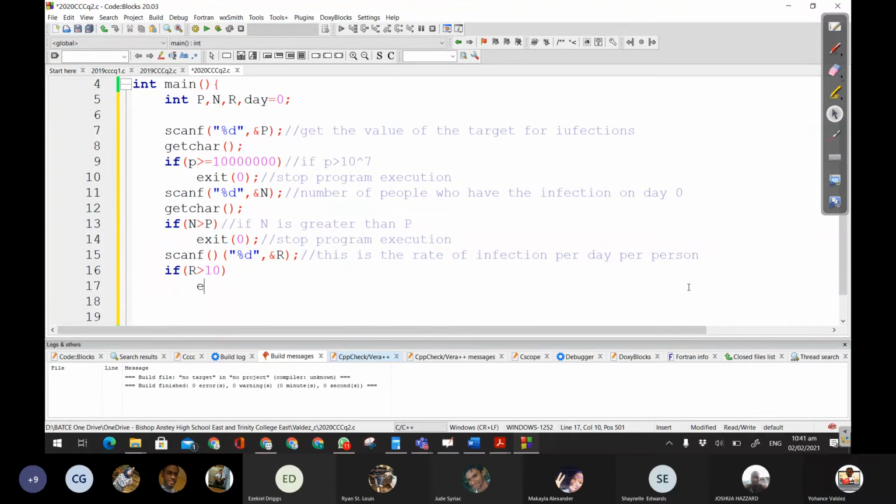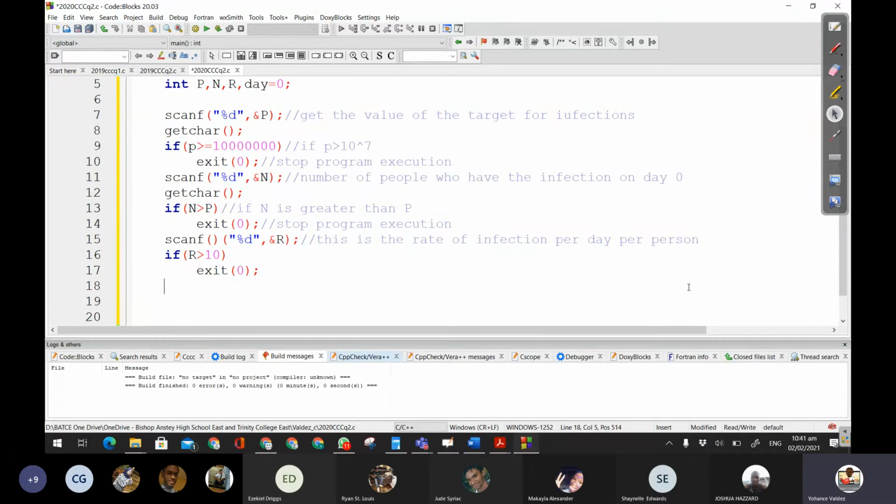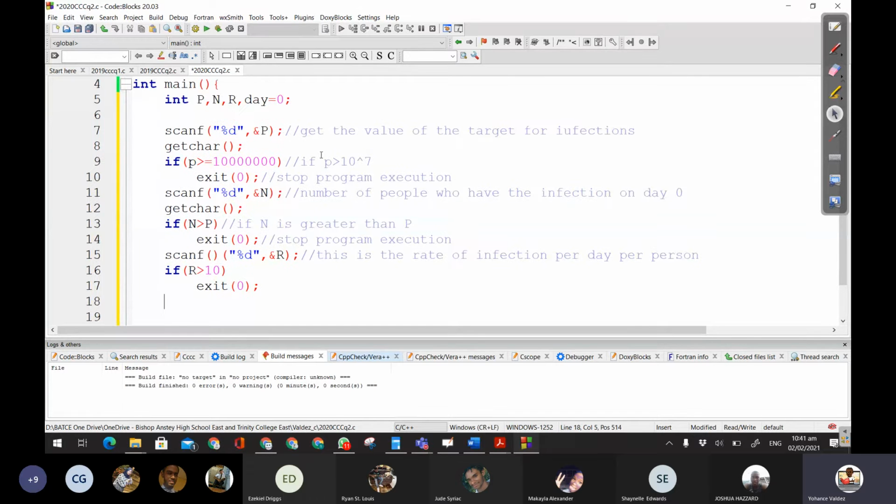So we've started off with the inputs. We've gotten the value, if R greater than 10, stop program execution. Okay.